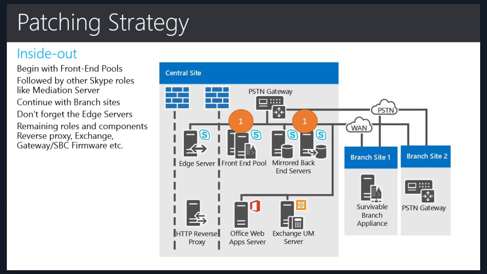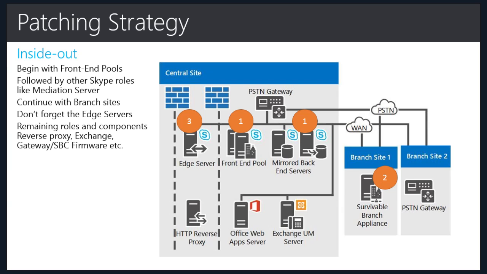Patch the front-end pools and the directly associated services like the SQL server. Then we would continue with the other roles that are associated, like mediation servers, SPAs, etc. Everything that's close to those front-end servers. And then from that one, continue with the other roles that are deployed in this site, like edge servers and others.